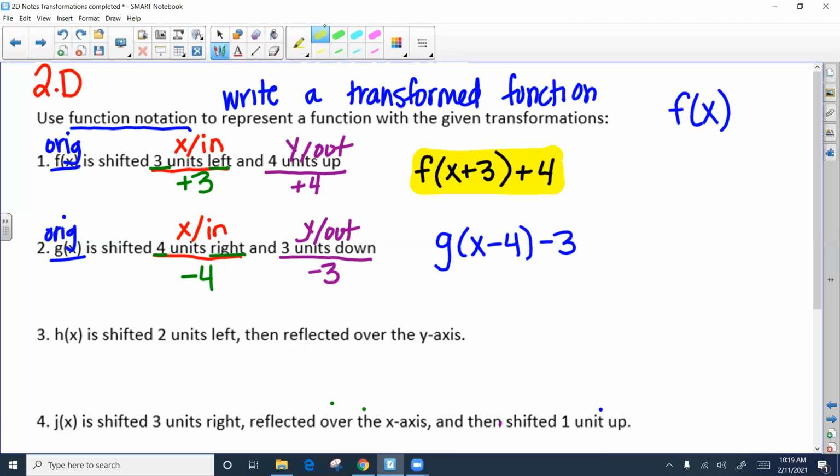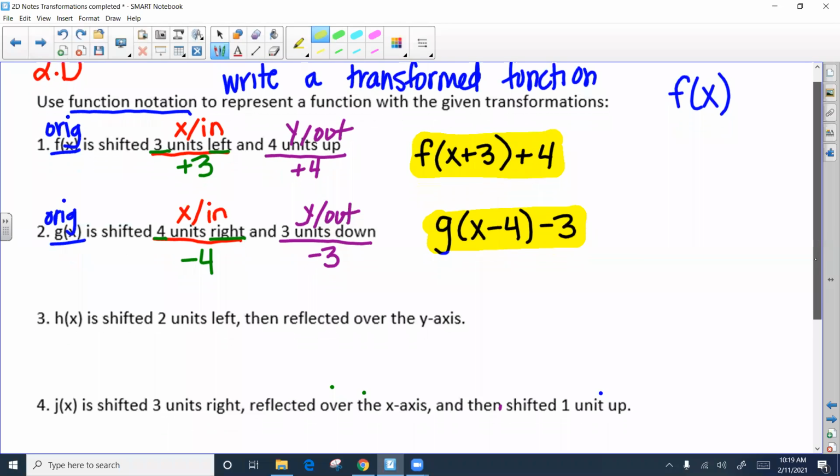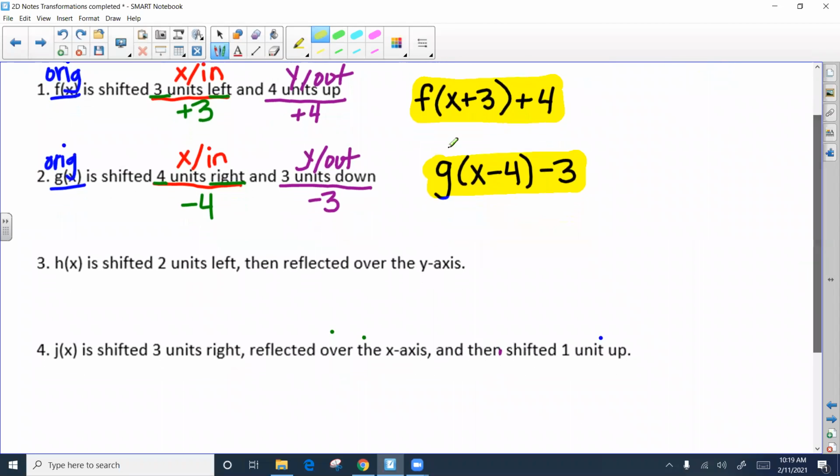So here's what our transformed function would look like: g, that's our original, g of x minus 4, minus 3. That would be g of x shifted to the right 4 and down 3. So that's all we're going to do here, write the transformed function using our function notation.